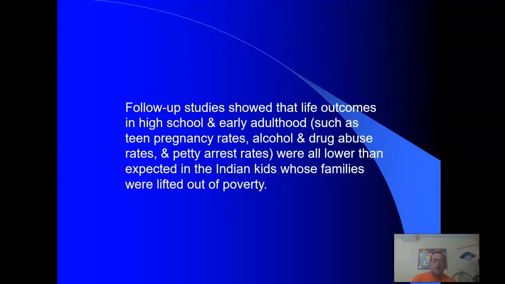So if families living below the poverty line are brought above the poverty line, the life outcomes for those kids are much, much better. That's an example of the power, not of genes, but of the environment.